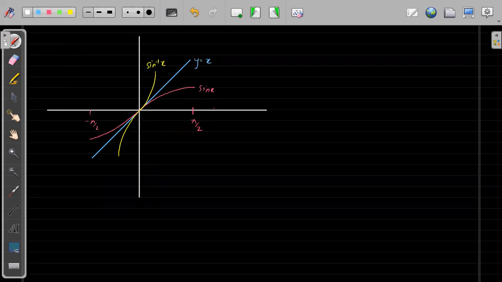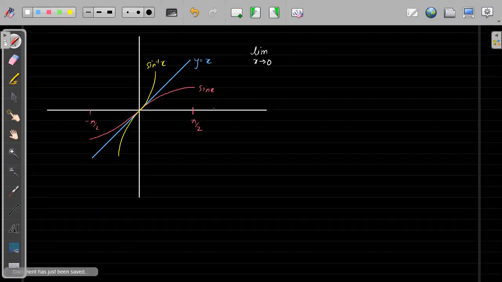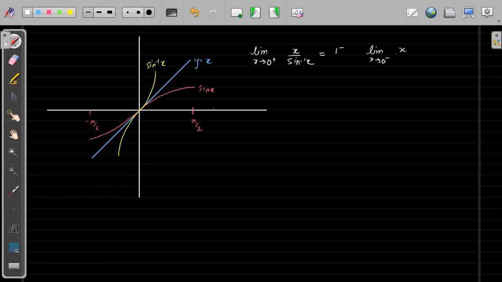So if I try to write down the limits, limit of x tending to 0 plus, x upon sine inverse of x, with the same concept, because x is less than sine inverse of x, this will tend to 1 minus. And limit of x tending to 0 minus, x upon sine inverse of x, will also tend to 1 minus.